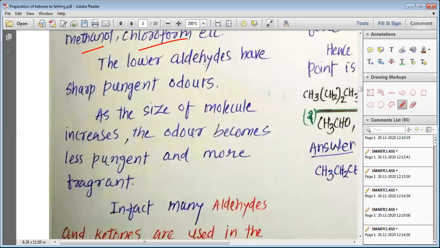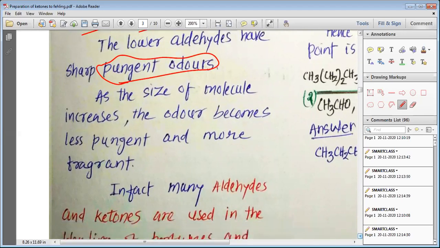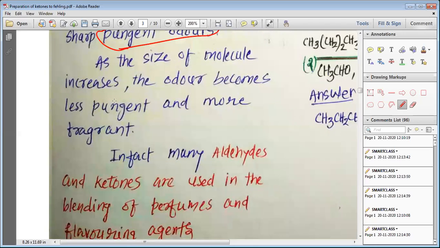The lower aldehydes have sharp and pungent odors. When we smell them, there will be irritation in our nose, and such a smell we call a pungent smell. As the size of the molecule increases, the odor becomes less pungent and more fragrant.